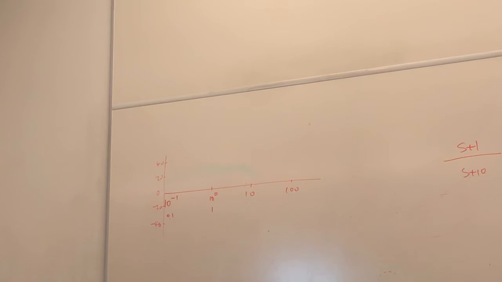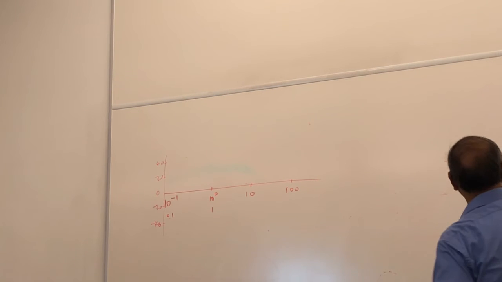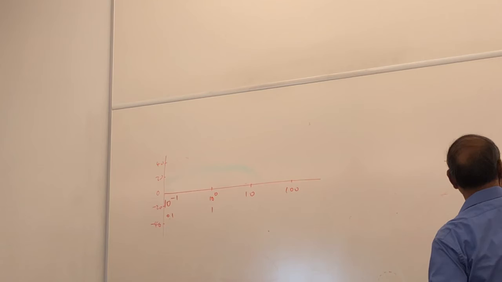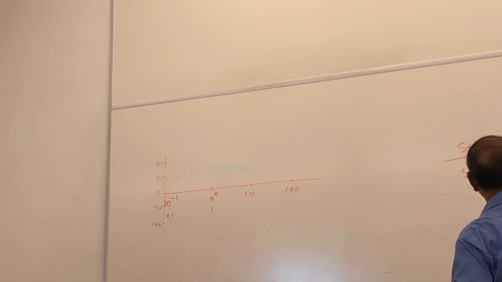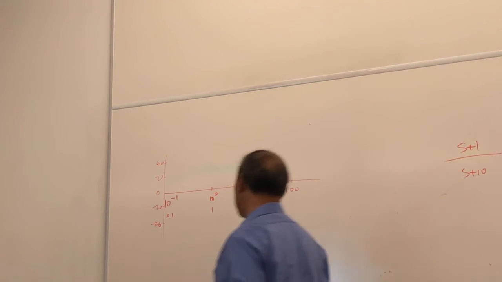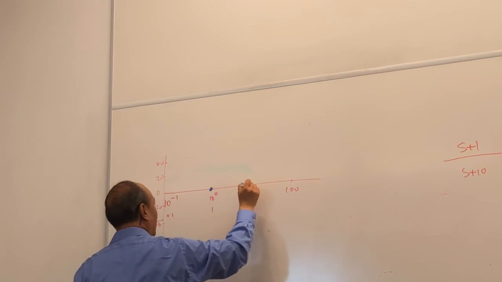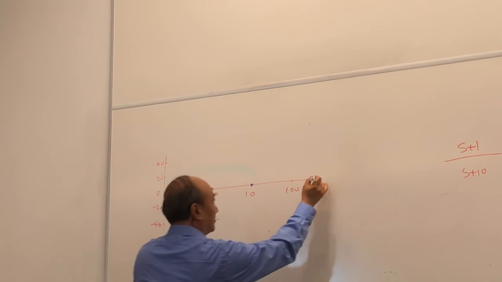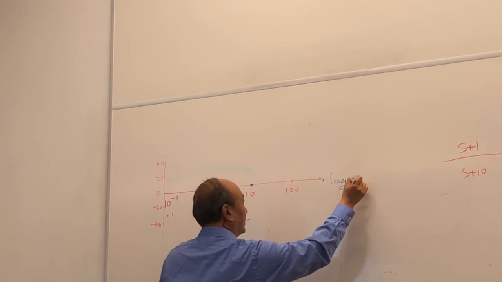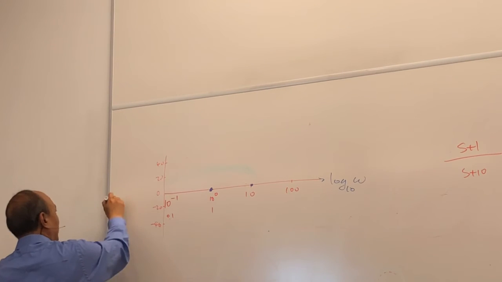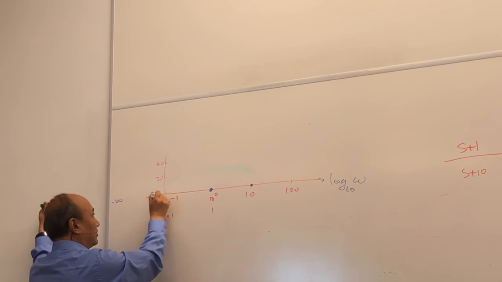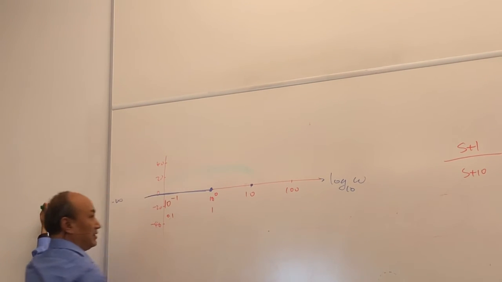0.1. Okay? So when I pull in 1, that means I have a minus 20 dB already here for this term. But for this one, this is a 1, this is a 10, so let me mark it. So when I go from log 10 omega, from minus infinity, 0 and to here, everything is 0 dB.